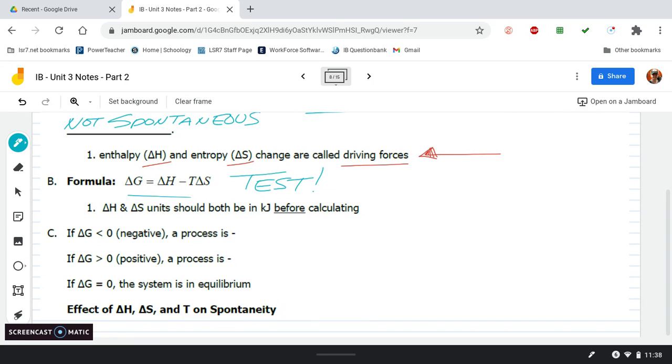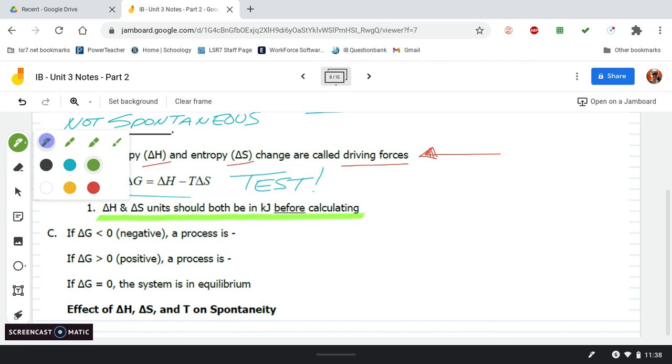Delta H and delta S units should both be in kilojoules before calculating. Now, this is a really small little blurb that's really important because if they're not in the same unit, you're going to be off by a factor of 1,000.